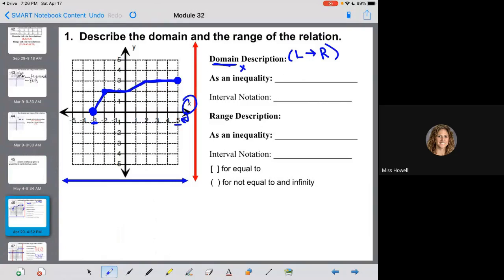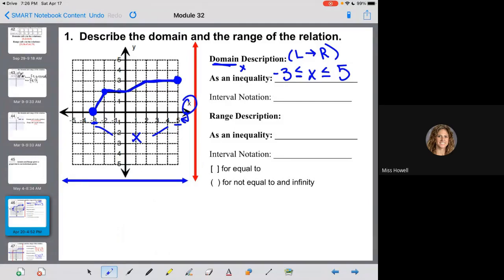So x is everything in between here. The way that we would show that is it starts at negative 3, and it goes to 5, and x is in between. And since these 2 ends are closed in, it could be equal to those. So negative 3 is less than or equal to x, which is less than or equal to 5 is how we would describe it, where x is everything in between and including the negative 3 and 5.